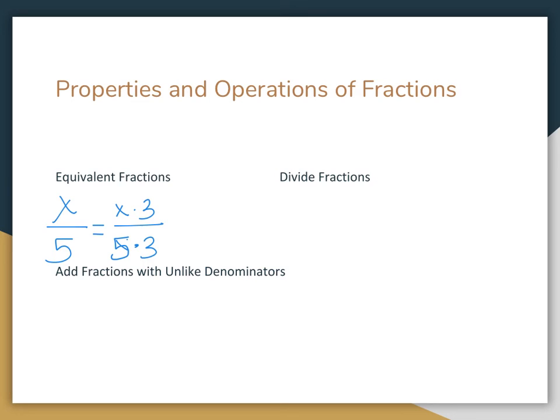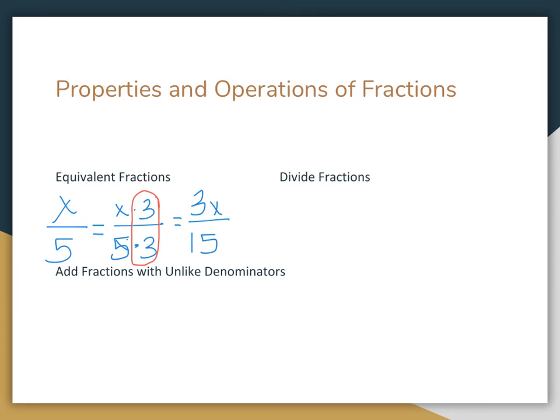And we can do that because 3 over 3 is a form of 1. So we're changing what this fraction looks like, but we're not changing what it means. And when we simplify this, we get to 3x over 15. Normally we would want to simplify that, however here we're generating equivalent fractions, so that is not a necessary step for us to take.